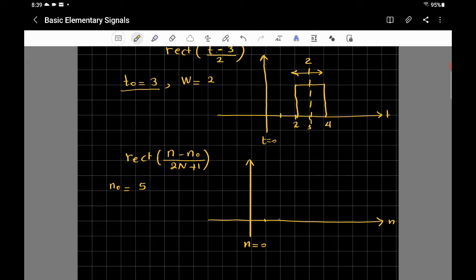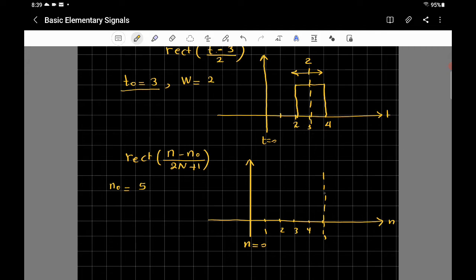So we have 1, 2, 3, 4, 5, and that will be the axis of symmetry of this part. And 2N plus 1 is the corresponding width of the discrete rectangular pulse.